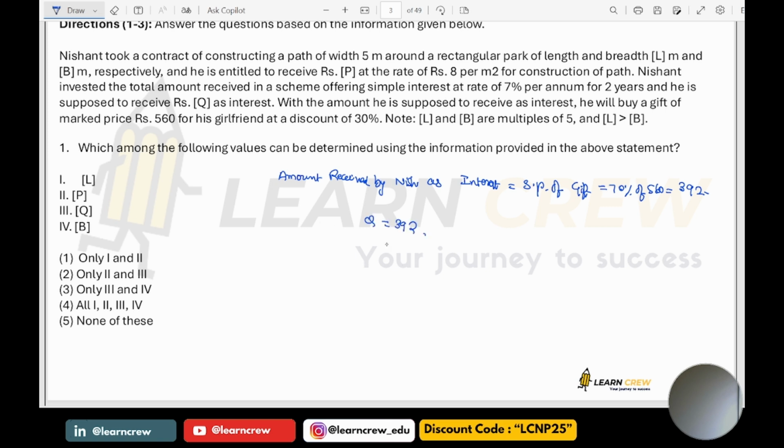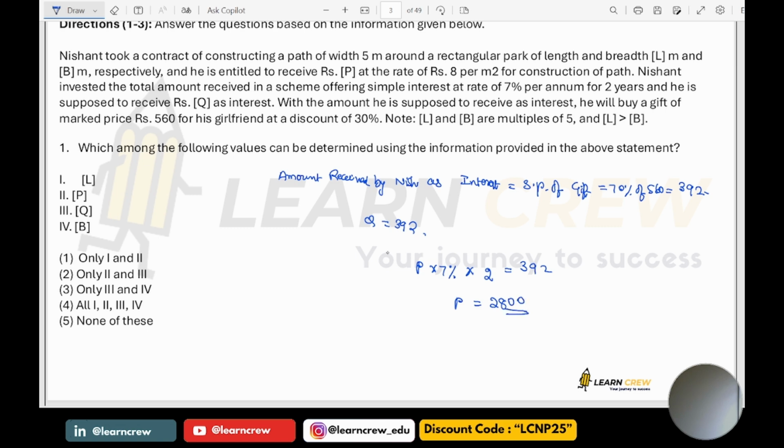Now what is given for P? 7% into 2, that is 14%, and 14% of P is equal to 392. Thereby P would be 2800.